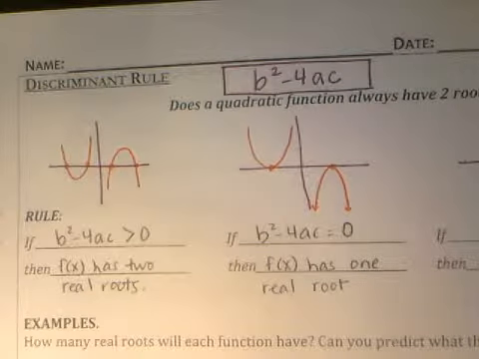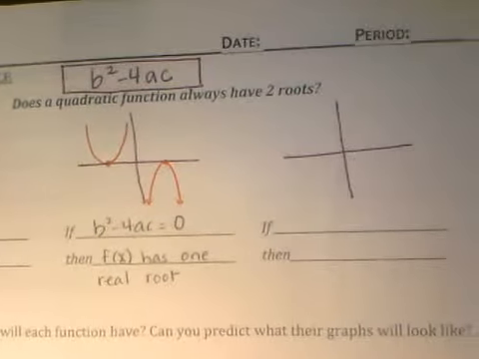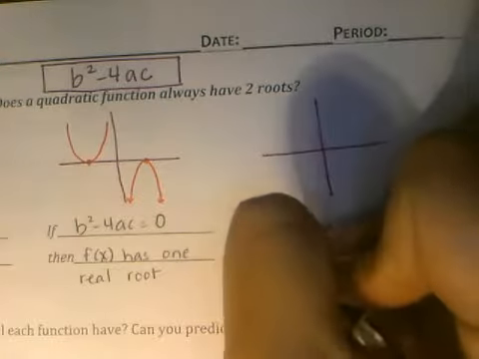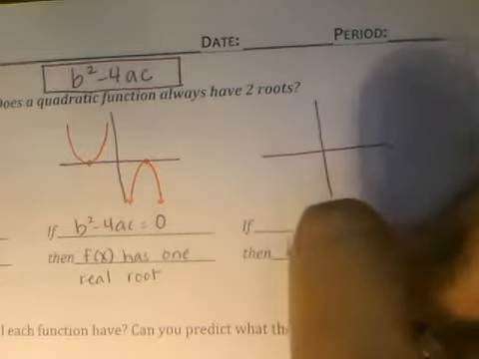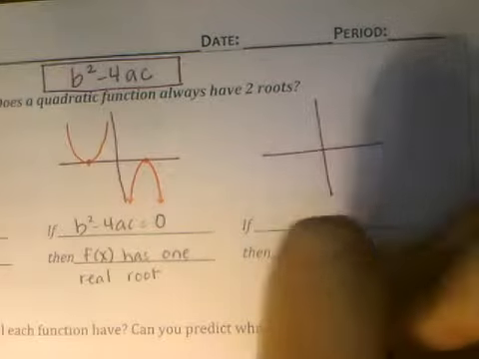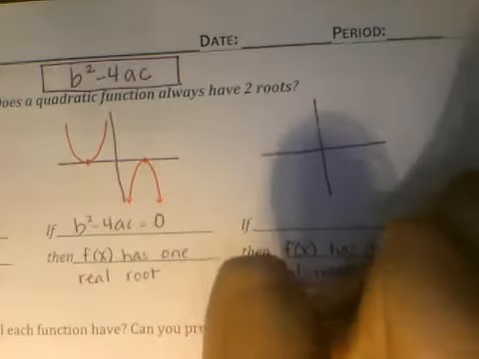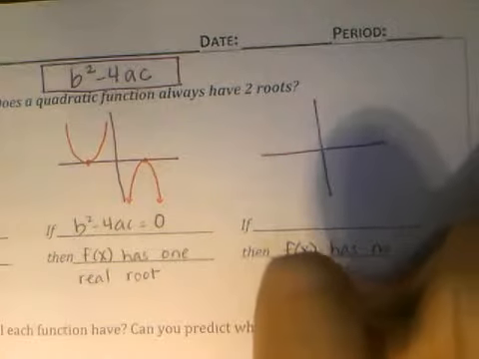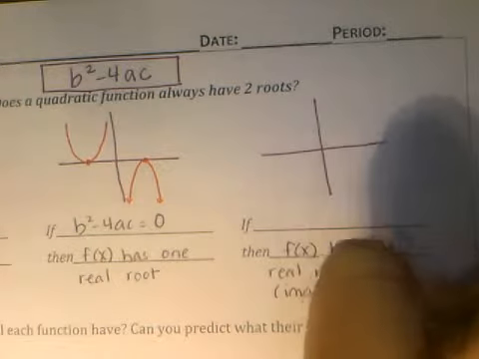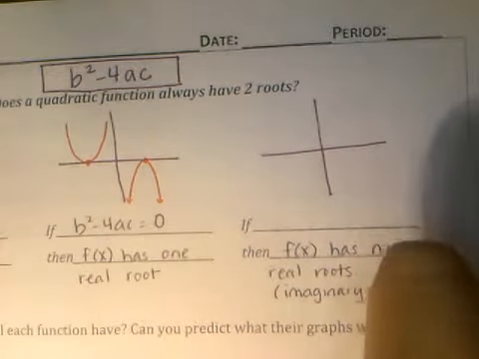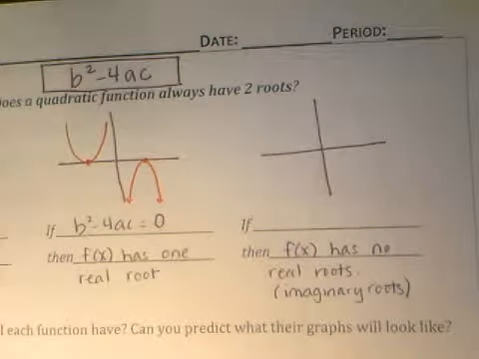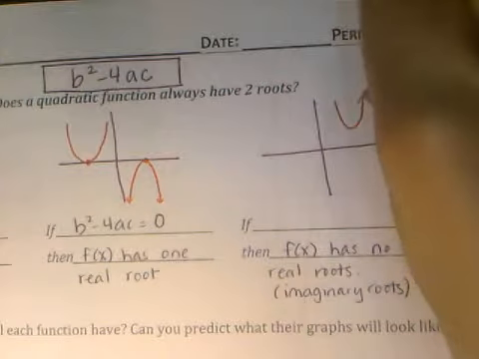And you've probably guessed the last possibility, which is that f of x may have no real roots, which is the same thing as saying it has roots that are imaginary numbers. And what we just saw when we looked at those first two examples is that this is when the parabola doesn't cross the x-axis.